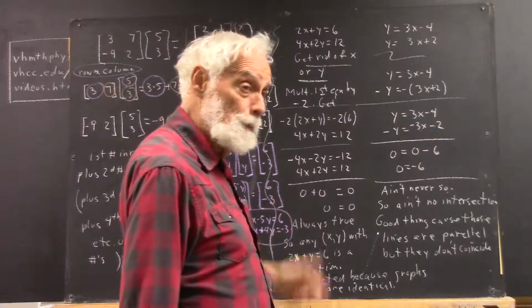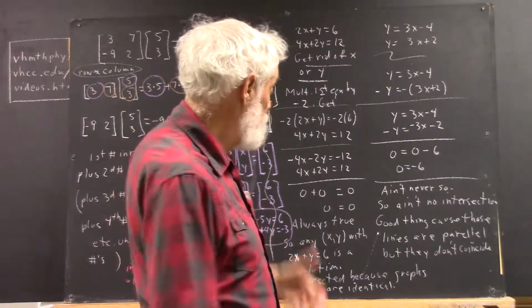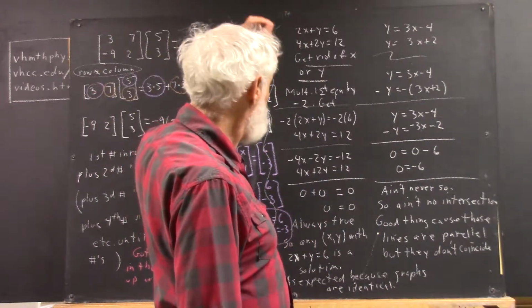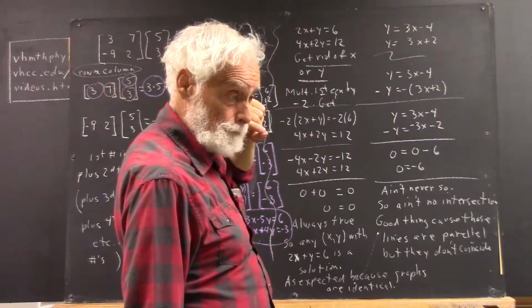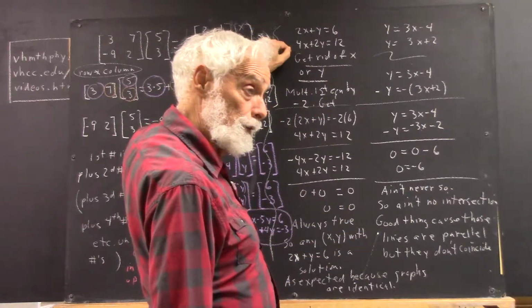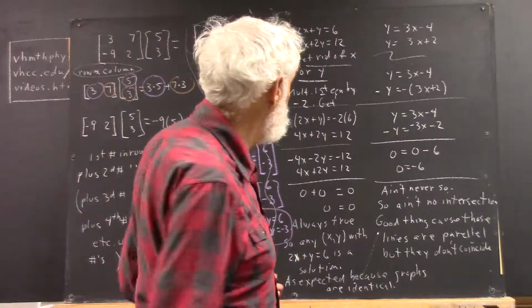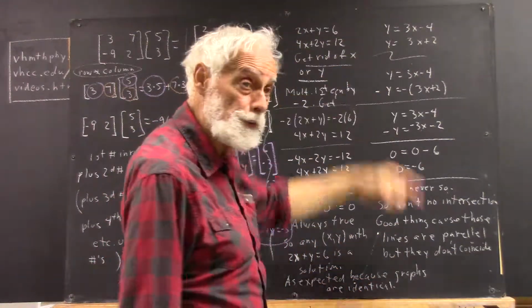So we get a true statement out of this, and it didn't depend on what x and y were. Just that if x and y give us a solution to one equation, then they have to give us a solution to the other. And there's no great mystery in why that is. If we double the first equation, we get the second.